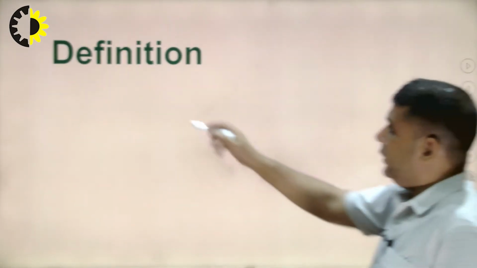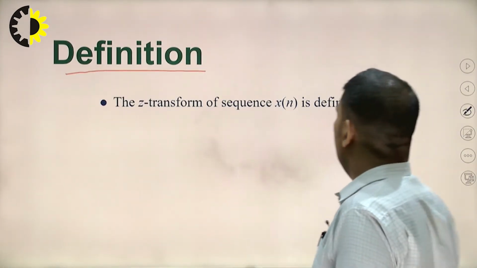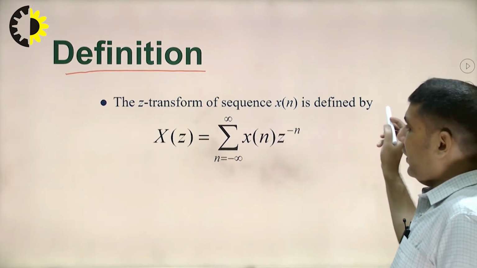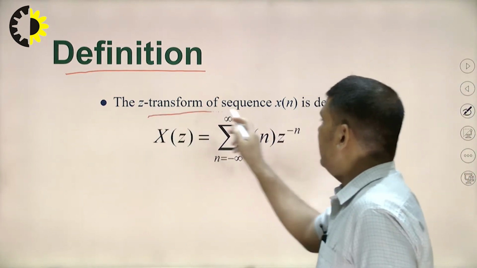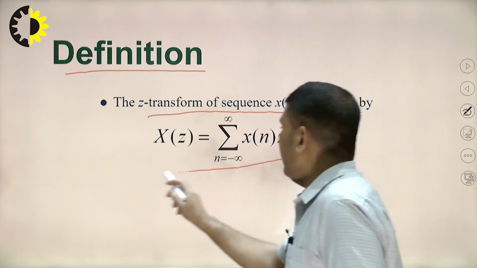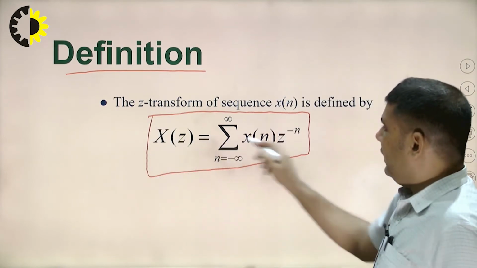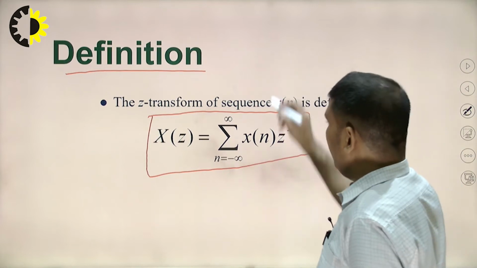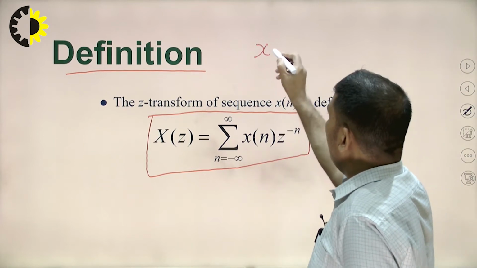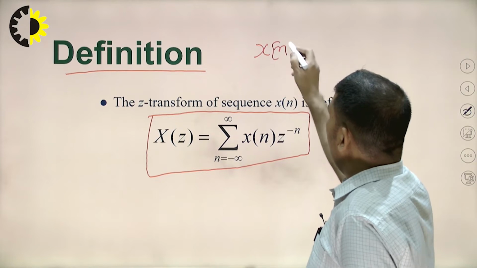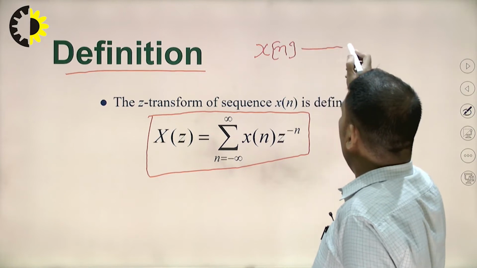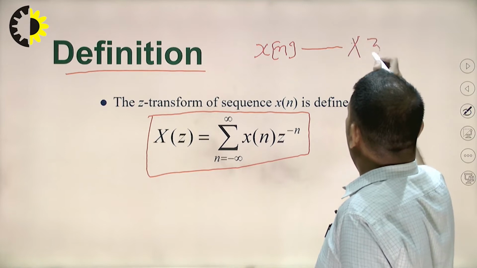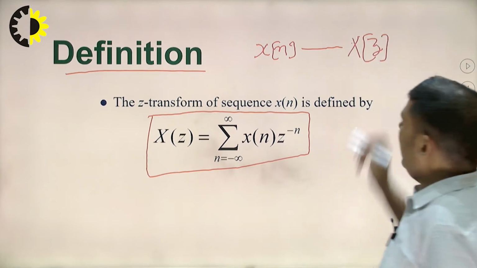Firstly, if we discuss the definition, the Z transform of a sequence x[n] is defined by this formula. This is very important. Here X(z) is the Z transform of x[n]. If you write down the Z transform pair, x[n] corresponds to X(z).